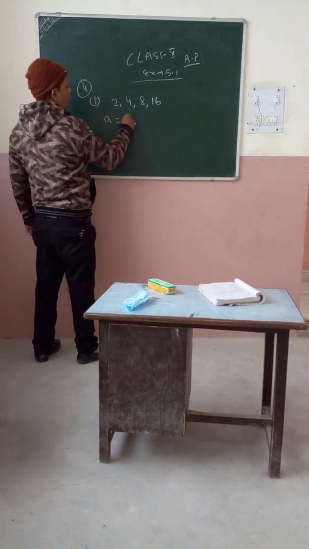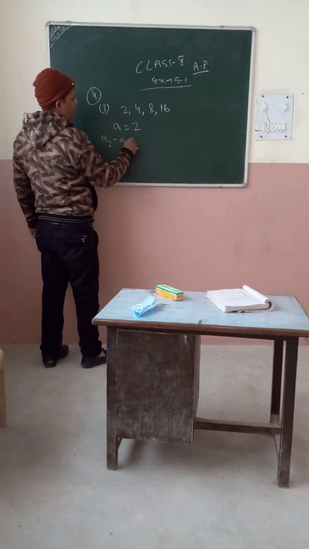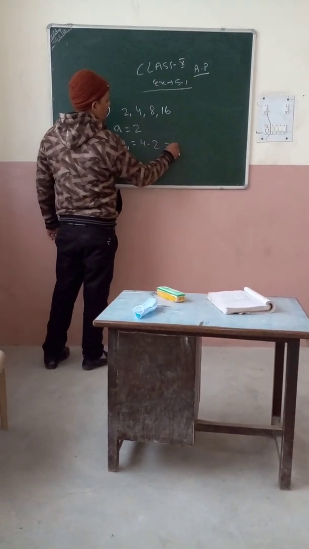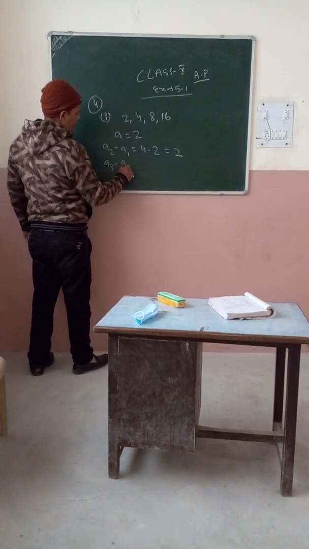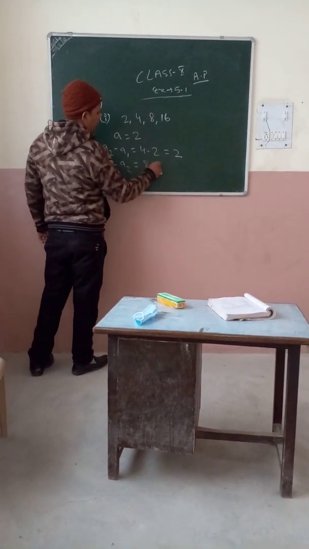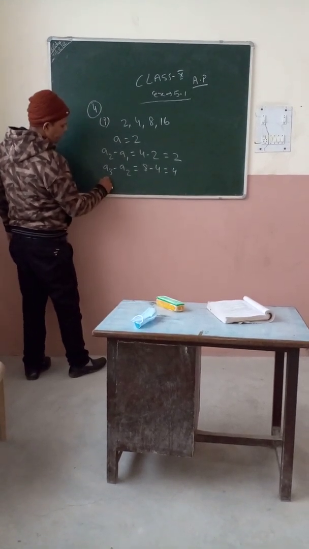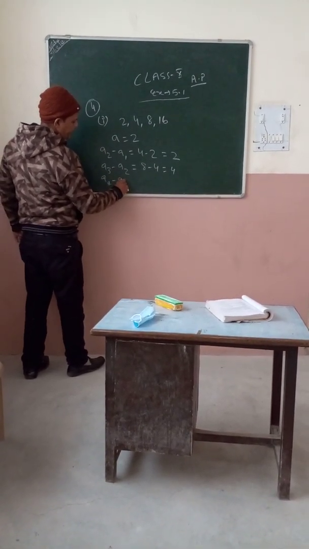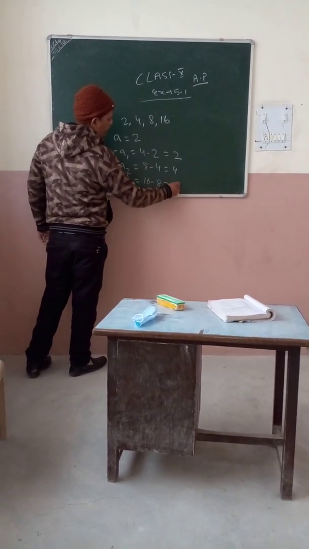A equal to 2, but A2 minus A1 equal to 4 minus 2 equal to 2, A3 minus A2 equal to 8 minus 4 equal to 4, and A4 minus A3 equal to 16 minus 8 equal to 8.